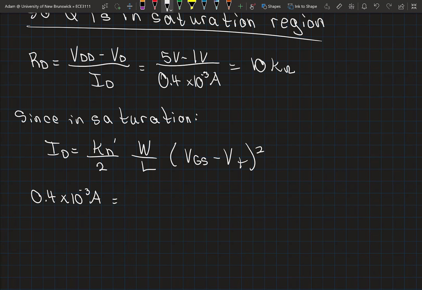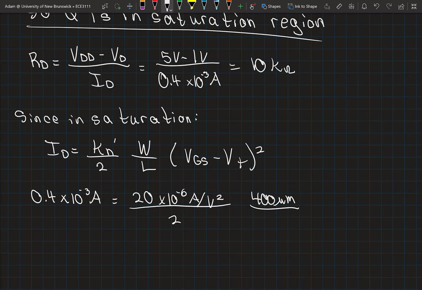I know that my process transconductance parameter was 20 times 10 to the minus 6 amps per volt squared, divided by 2. My width is 400 micrometers.